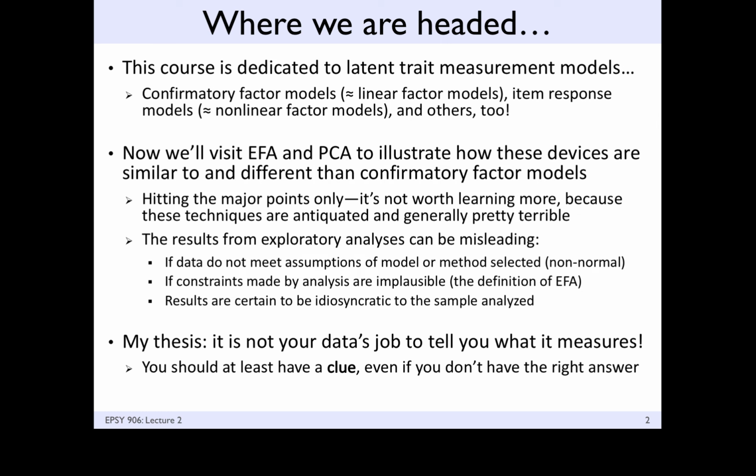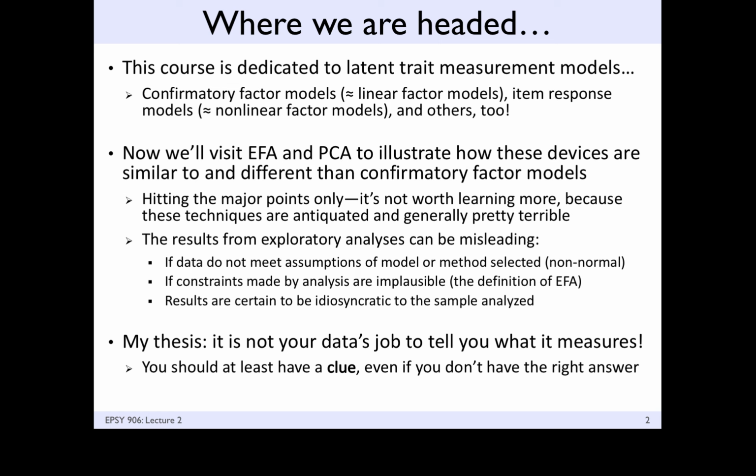But more often than not, EFA and PCA give you misleading results when trying to figure out the factors underneath your items, for multiple reasons. If your data don't meet the assumptions of EFA in particular, which is normality, or if you have non-continuous data, which pretty much everybody has, you might get misleading results.